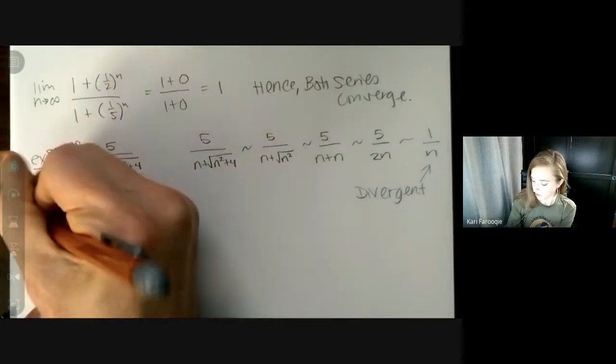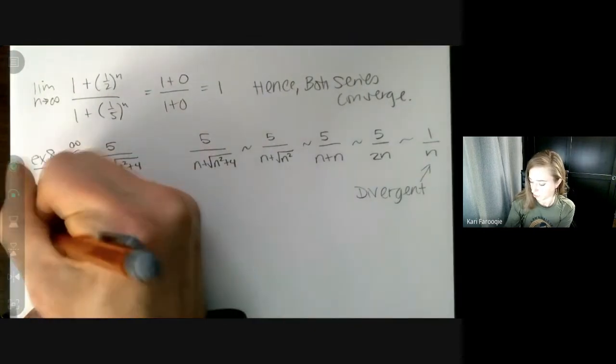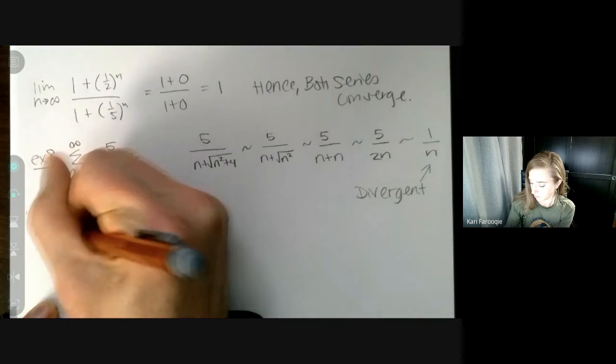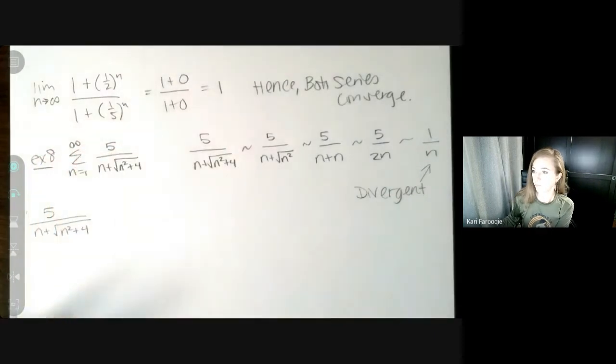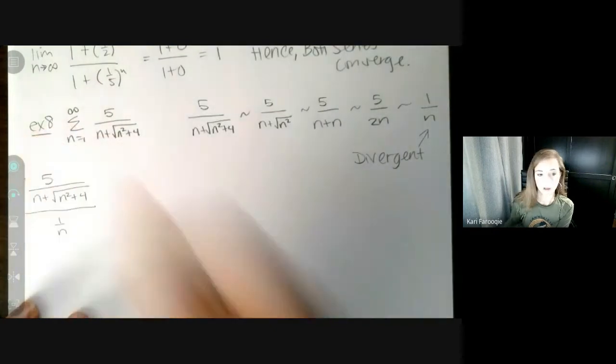Wonderful. So let's take the limit. If you want to wait to put the limit on, that's fine. Go ahead and write the ratio out, and then divide that by 1 over n.